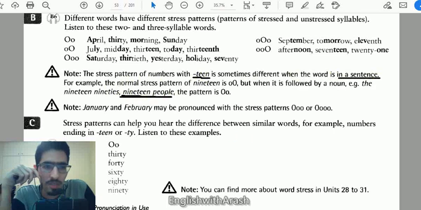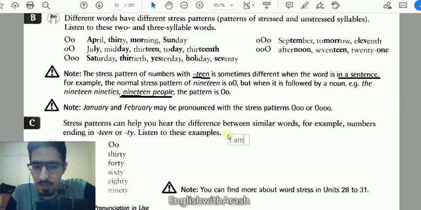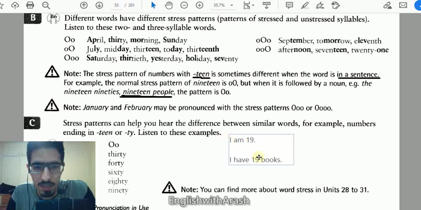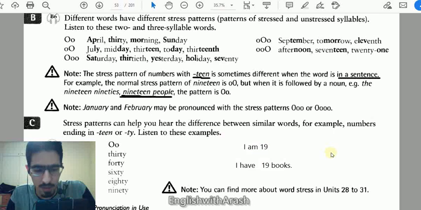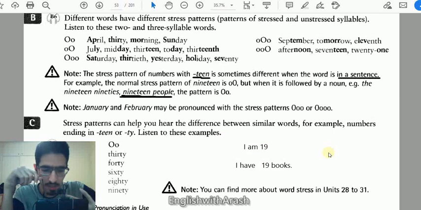For example, sometimes you say... Let me write it. So the stress pattern sometimes differs here.